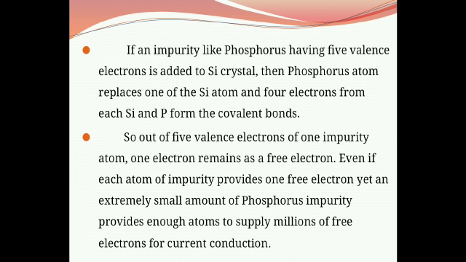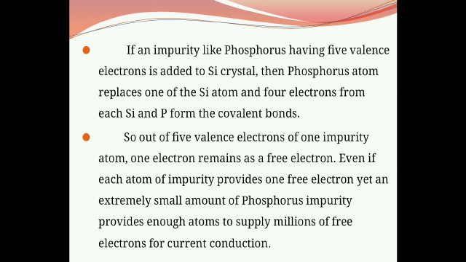We know that phosphorus is a pentavalent impurity, having 5 valence electrons. When it is added to the silicon crystal, the phosphorus atom replaces one of the silicon atoms, and 4 electrons from each silicon and phosphorus form the covalent bonds.